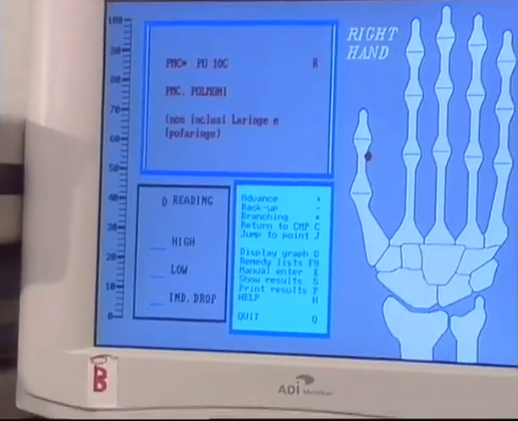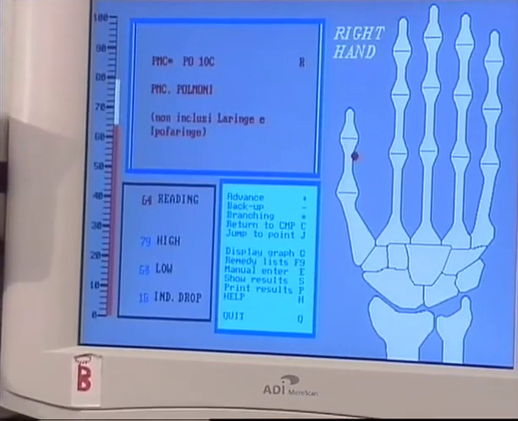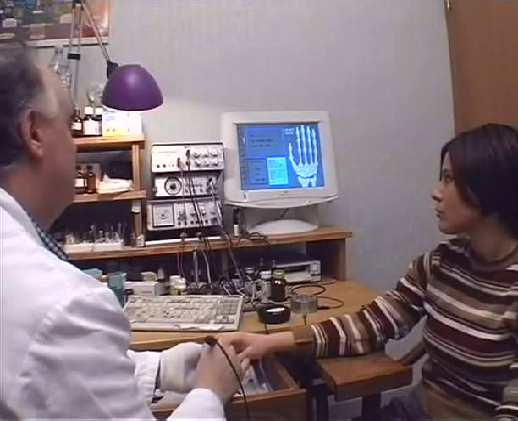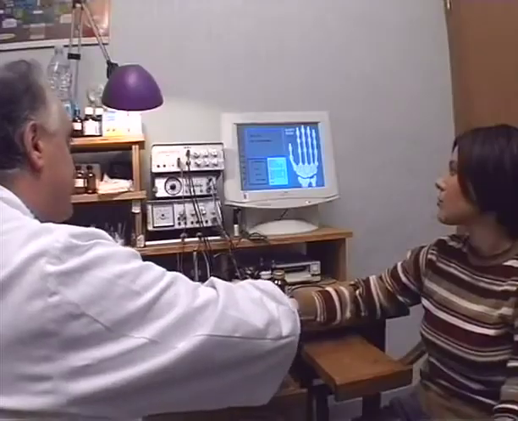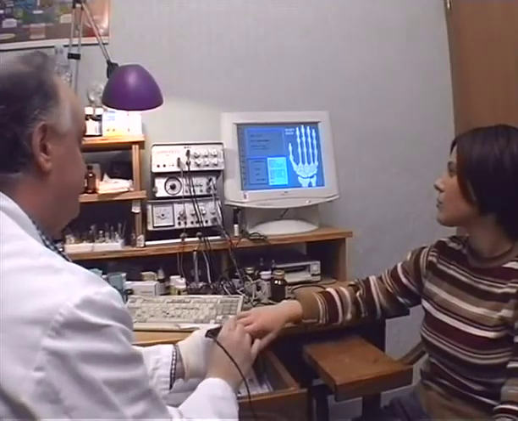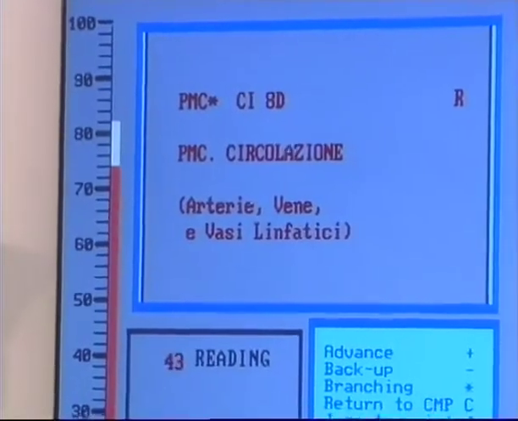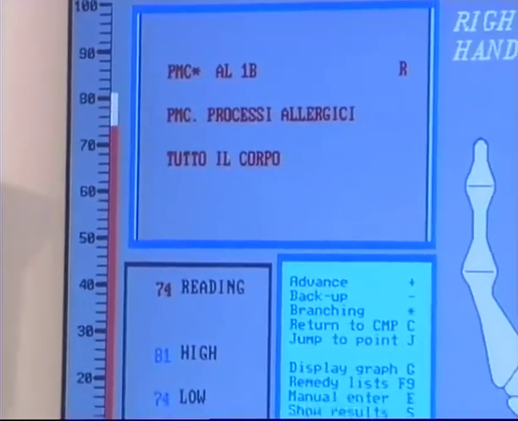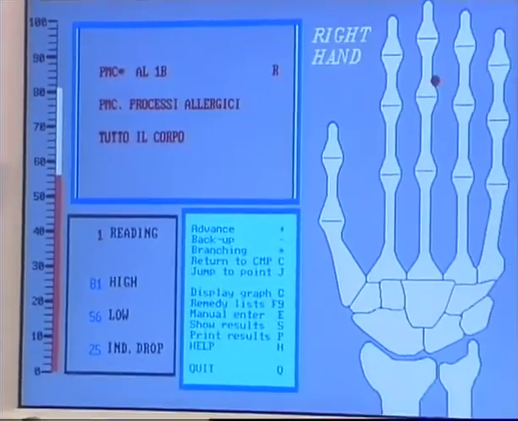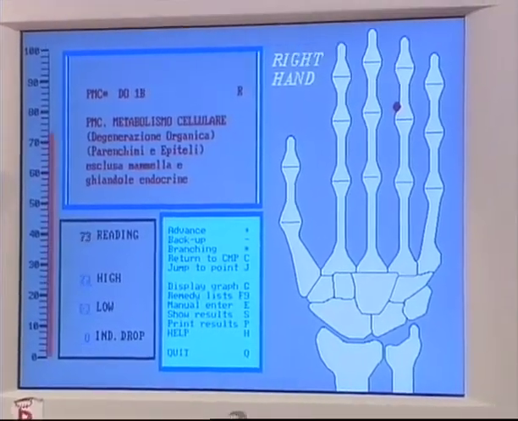This is the meridian of the lungs. This is the meridian of the large intestine. This is the nervous system, the circulation. These are the patient's allergic processes.